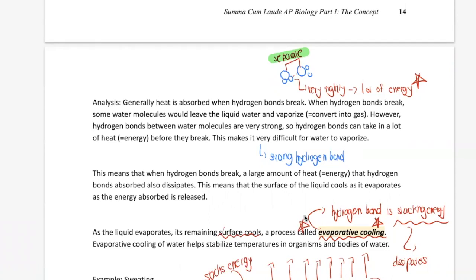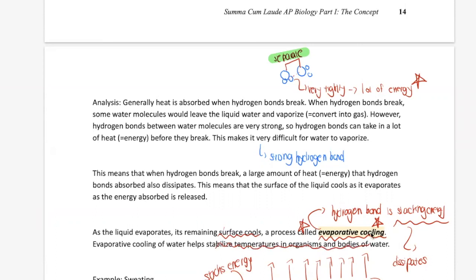By sweating, we're exploiting water's property. In summer, we sweat, and as soon as the sweat vaporizes, it releases a bunch of energy, cooling our skin surface, allowing us to stabilize temperature in organisms and bodies of water.